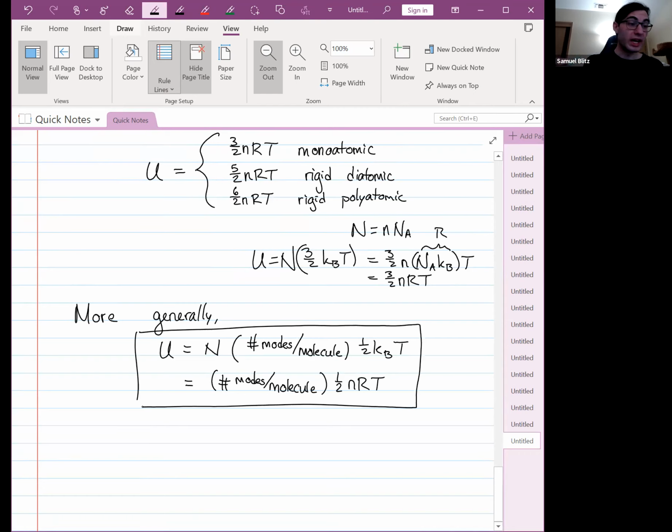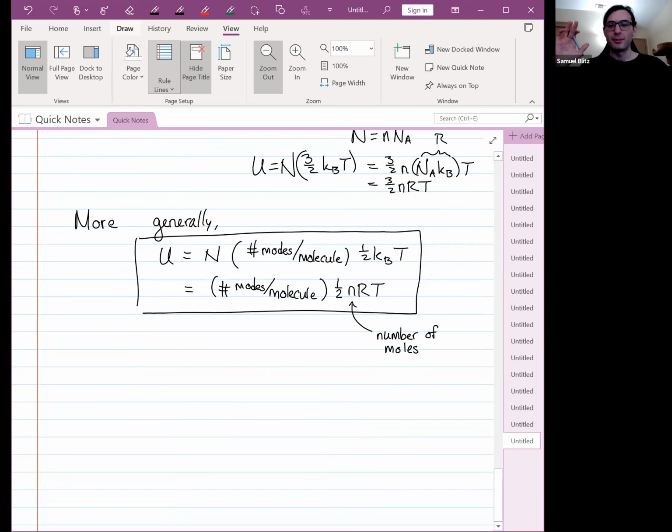Now this is true for all ideal gases, this n here being the number of moles. So this is really powerful. We went from the kinetic theory of gases and this bizarre equipartition theorem to a really general statement about gases, especially ideal gases. And we're going to use this fact, which tells us the total energy of a system, a lot. Basically, we now know that for any ideal gas, the temperature and the internal energy are directly proportional to each other, which is a really strong relationship.